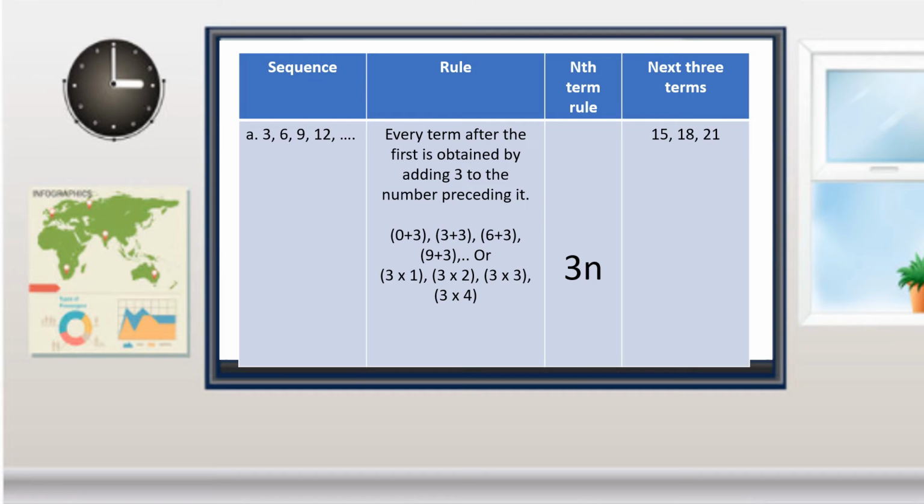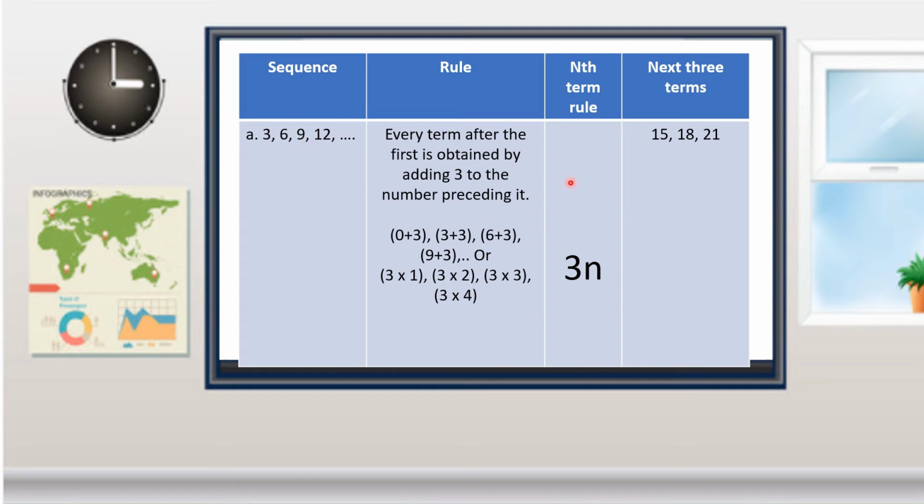In this sequence, we have 3, 6, 9, and 12 in the first example. The rule is every term after the first is obtained by adding 3 to the number preceding it. So 0 plus 3 is 3. As you observe, 3 plus 3 is 6, 6 plus 3 is 9, and 9 plus 3 is 12.